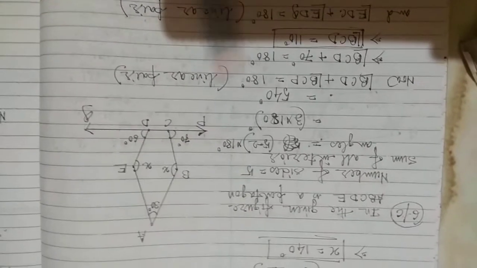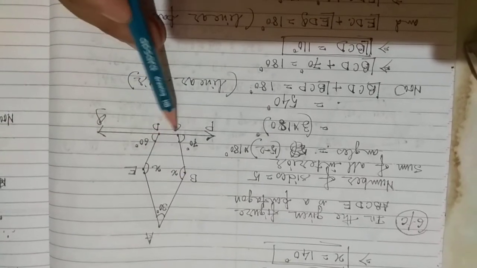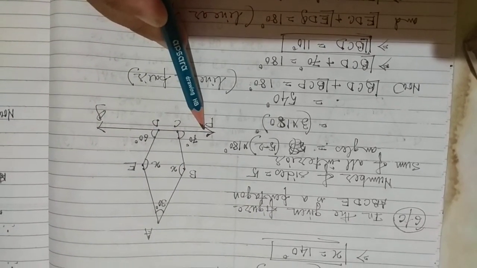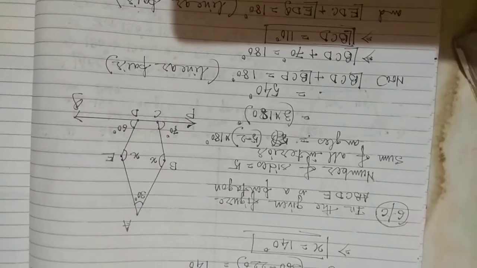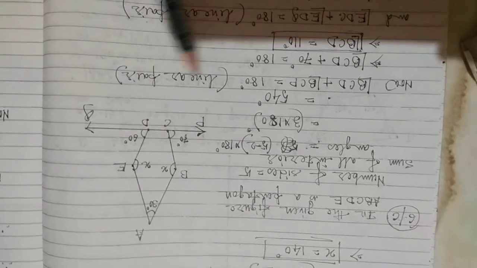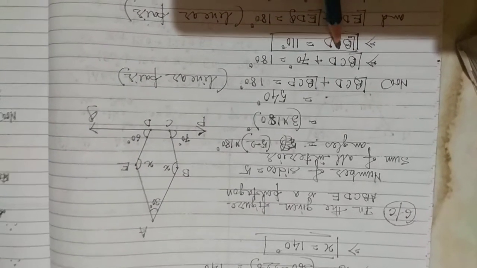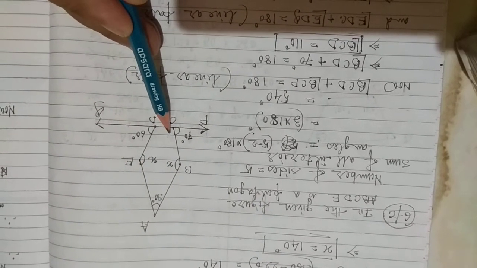Now this is 70 degrees, and angle BCP plus angle BCD equal to 180 degrees, linear pair. So 70 plus this angle equals 180 degrees.